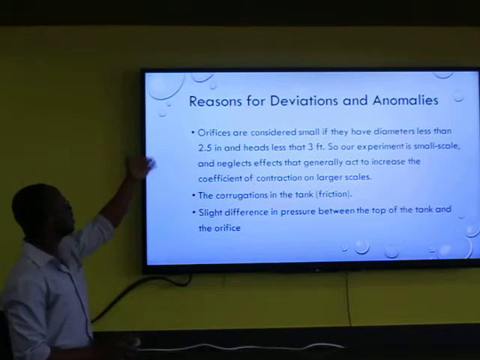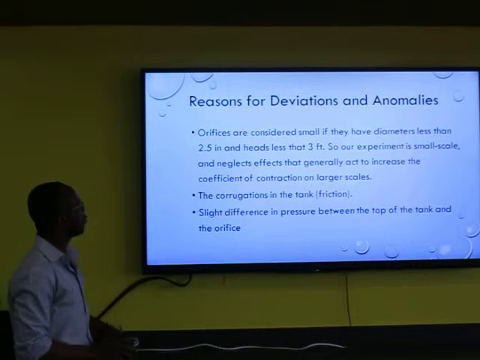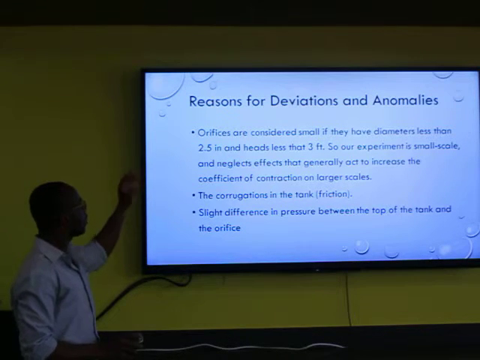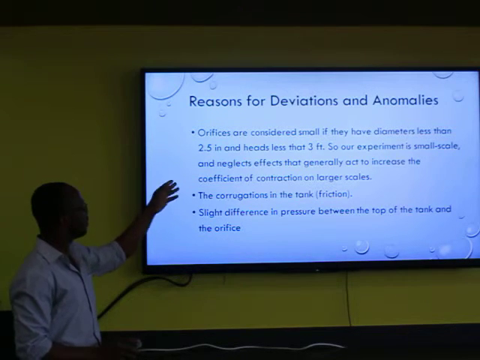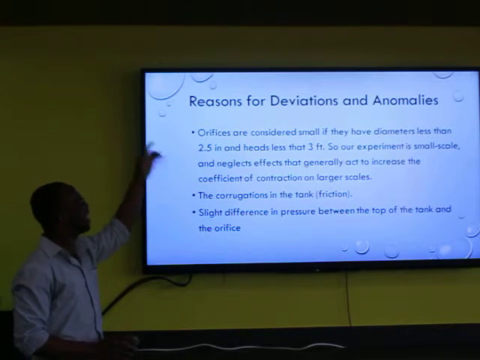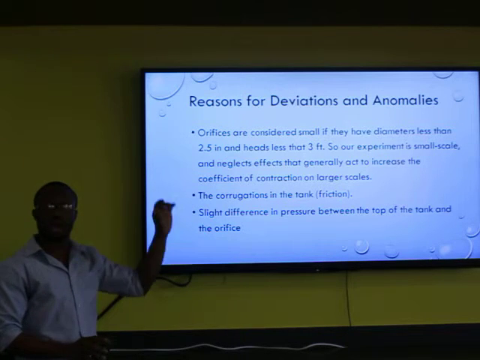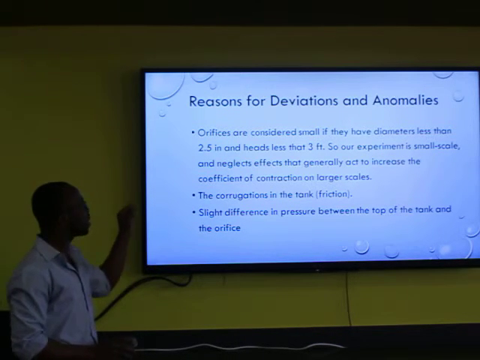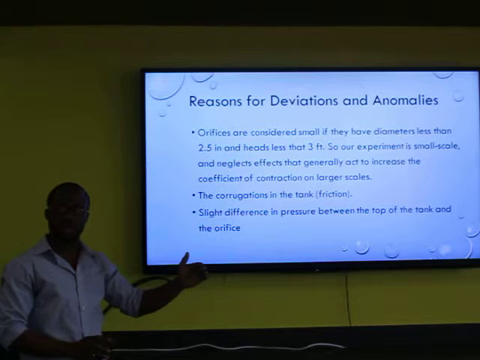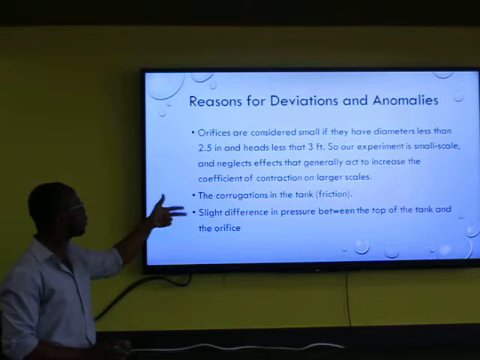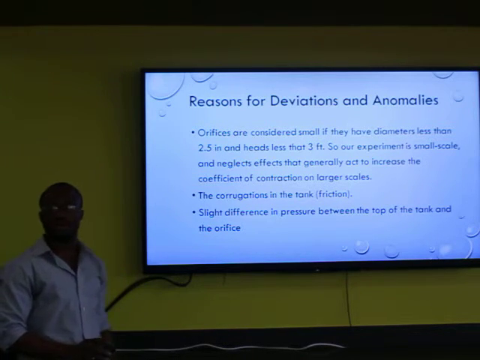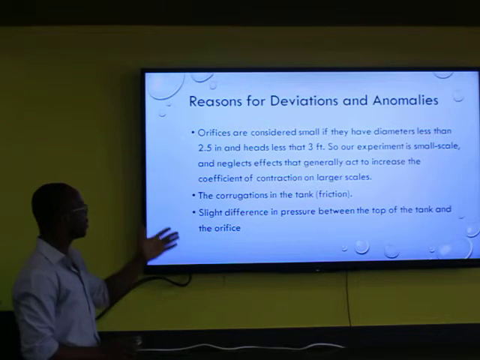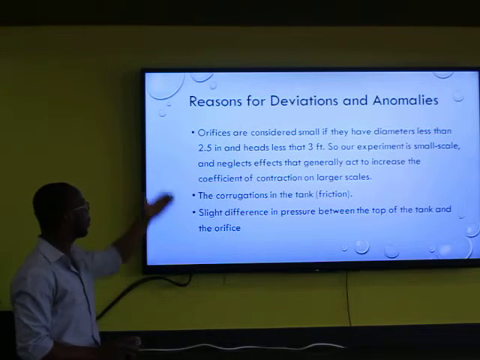Having said that, these are the likely reasons for deviations and anomalies. First of all, in most cases, an orifice is considered small if the diameter is less than 2.5 inches and the head is less than 3 feet. As you can see, our model is very, very small, so we're neglecting lots of real-life scenarios that will account for deviations from the typical theoretical value of the coefficient of contraction.